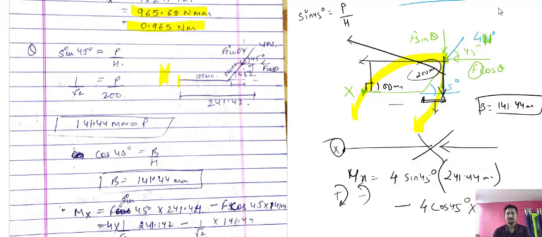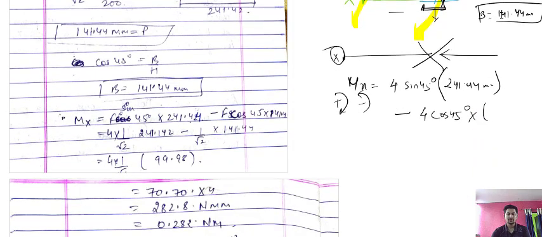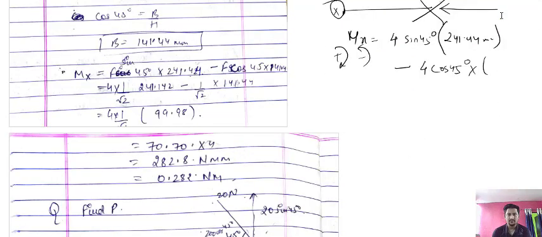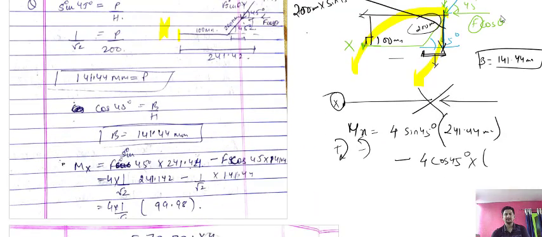You know the hypotenuse has a value of 200 mm. So 200 into sin 45 equals perpendicular. The value of perpendicular will be the same, as sin 45 and cos 45 are the same, that is 141.44.